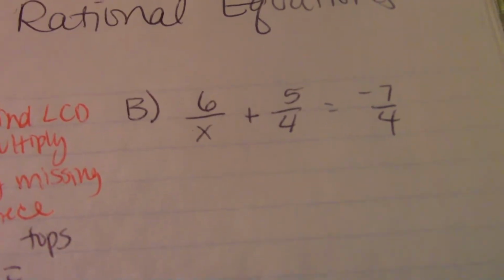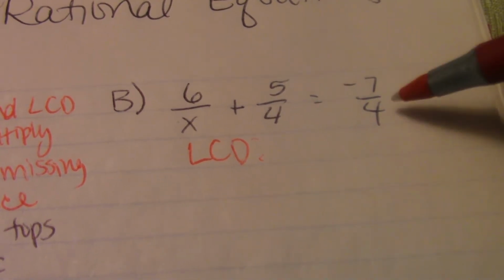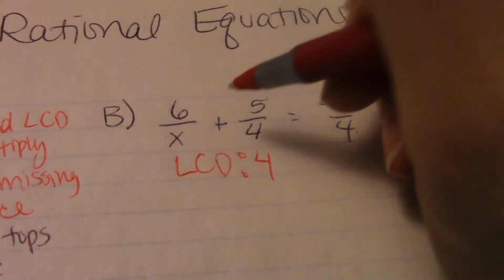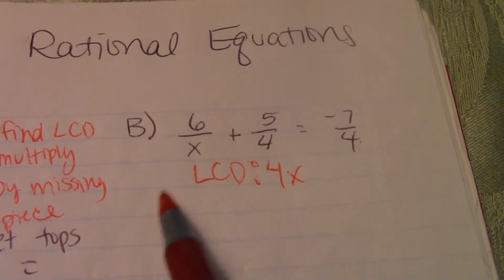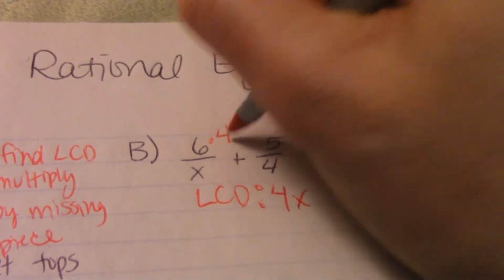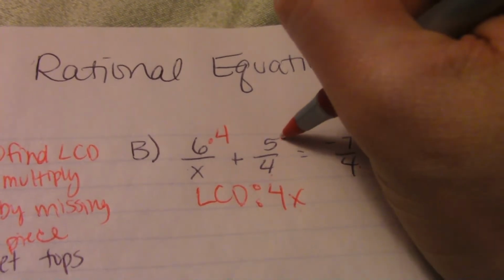Let's try B. Let's find our LCD again. Our bottoms, I've got a 4 and a 4, so that's just one 4 because I don't repeat it. And the x. So if I do my missing piece, there is an x. So I've got that x, I need that 4. Times 4. Now I have a 4, so I need the x.